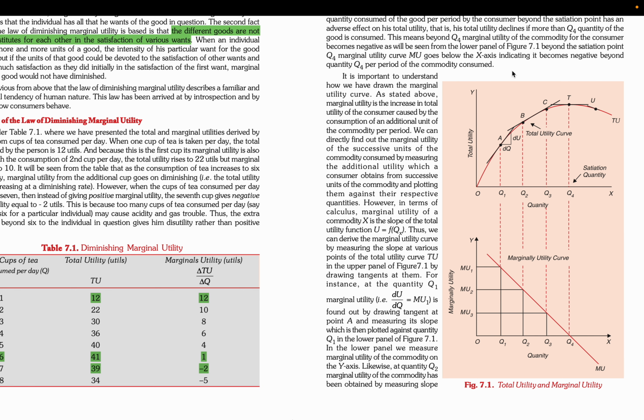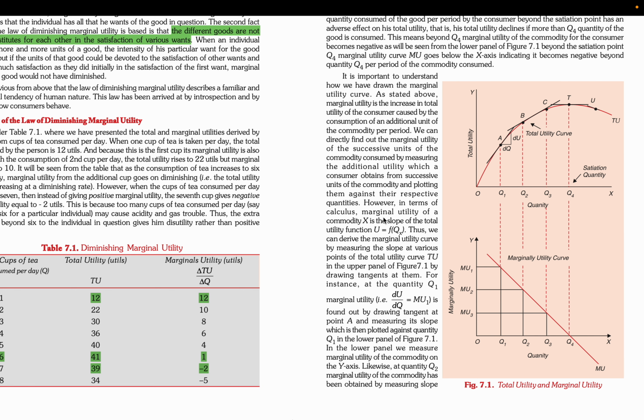It's important to understand how we have drawn the marginal utility curve. As stated above, marginal utility is the increase in total utility of the consumer caused by the consumption of an additional unit of commodity per period. We can directly find out the marginal utility of the successive units of commodity consumed by measuring the additional utility which a consumer obtains from successive units of the commodity and plotting them against their respective quantities.